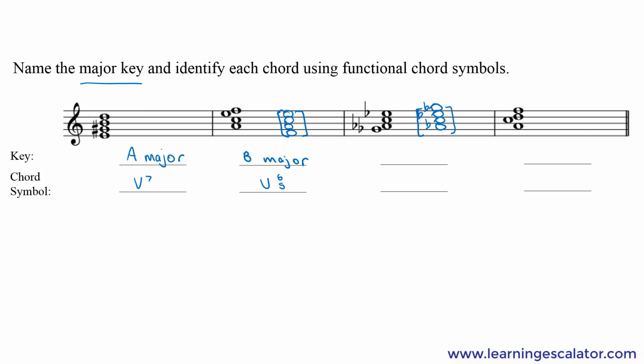Since the A flat is on the bottom, that means A flat is the dominant of that triad, so it's D flat major. And then since this top note, which is G flat, is on the bottom, that means it's in third inversion. So it's V4-2.